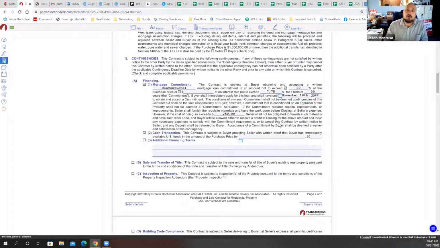Now, in the market that we're coming out of right now, the more aggressive the offer, the better, so you would typically just use zero for this category. Meaning, if it doesn't appraise, we're not telling the seller they have to do anything contractually.